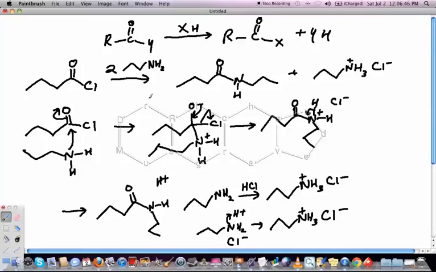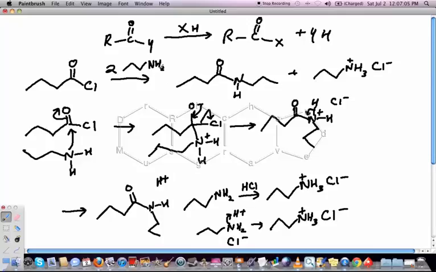So what we're effectively doing is adding in an extra equivalent of amine to take care of the HCl, so it doesn't react with the amine that's actually reacting with our acid chloride. So it's going to be important in this instance to include that second equivalent.